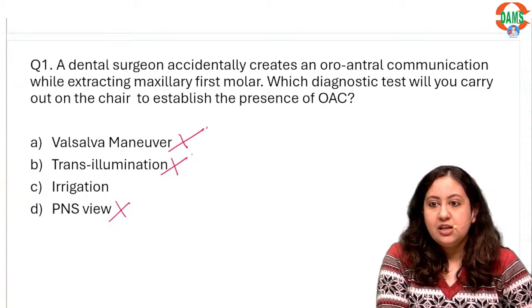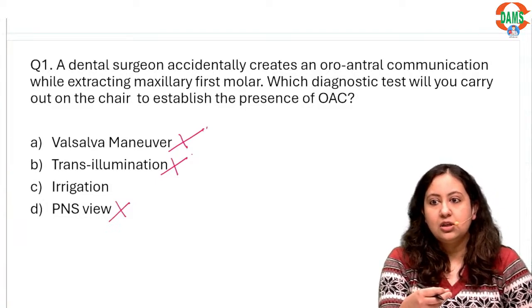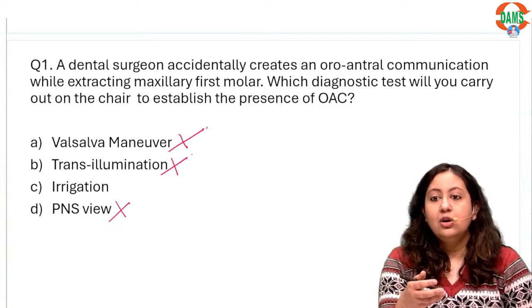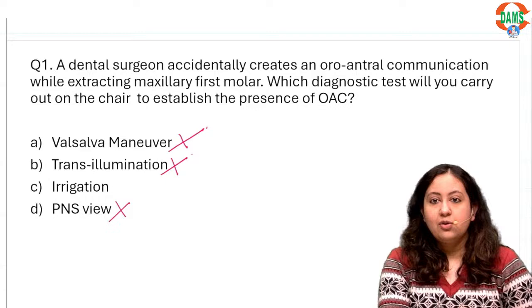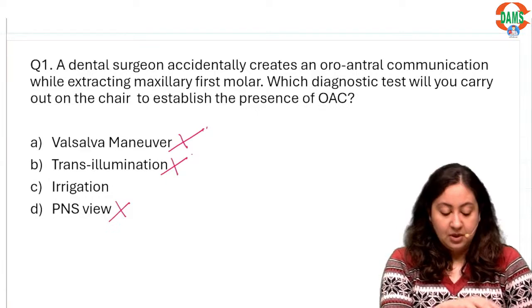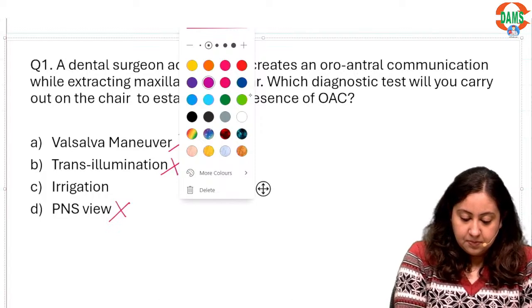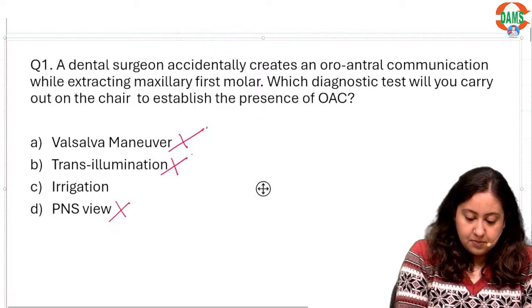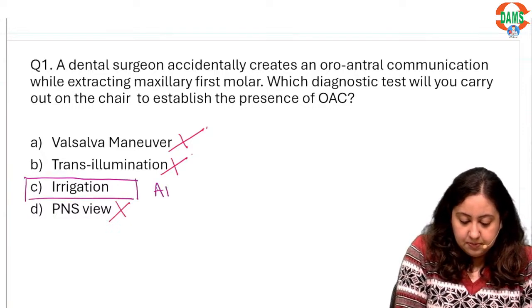Option C is irrigation. You take a saline syringe and you irrigate the socket, and you look for exit of the irrigant from the nasal cavity. So this is your answer.